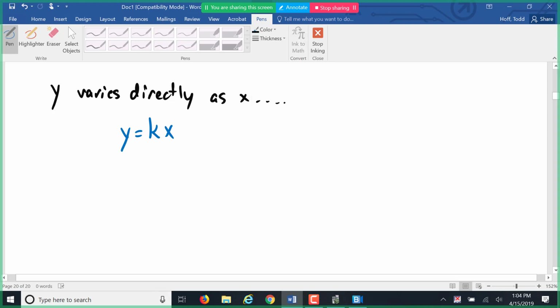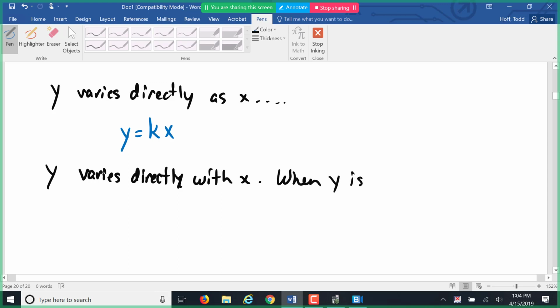We might be told y varies directly with x, when y is 18, x is 6.